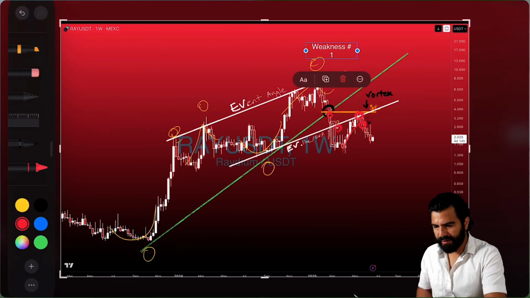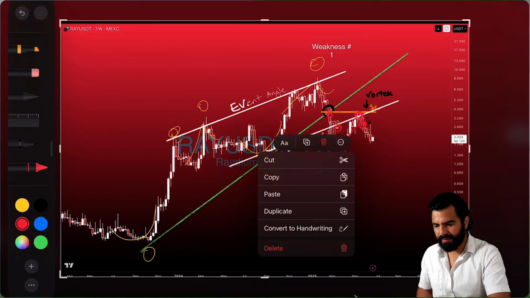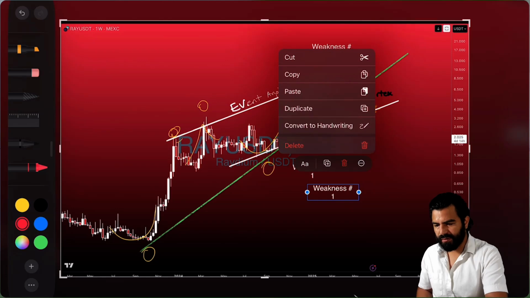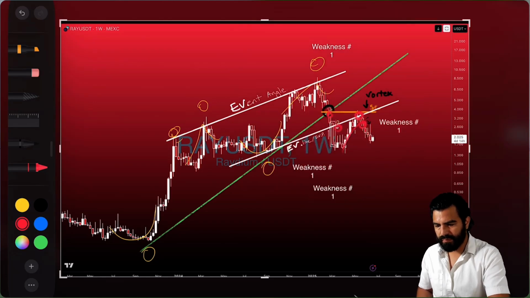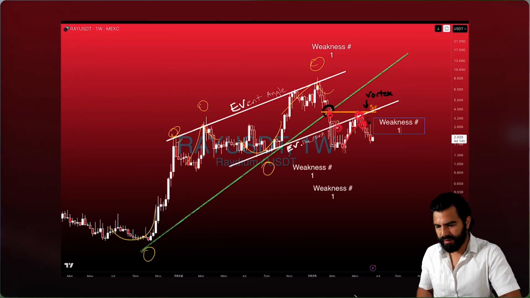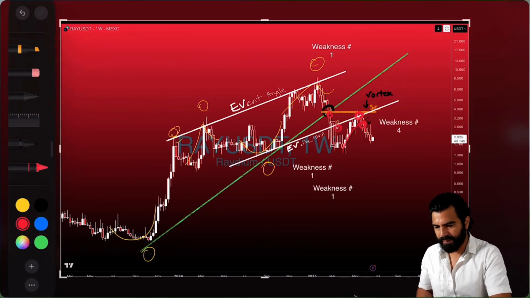And I'm going to write it about here, and we'll draw another arrow. Weakness number 2. Weakness number 3. Weakness number 4. So 1, 2, 3, 4. And let's label that, okay? This can be going over here. Oops.